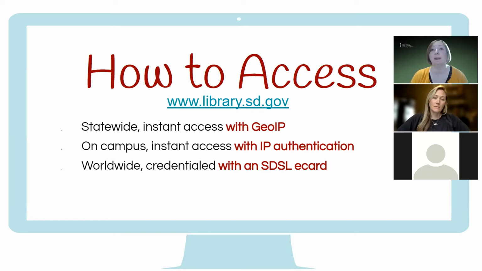You click on the database and you can get in. You might have a problem sometimes if you're near the border of the state. It kind of affects the GeoIP authentication, but just let me know if you have any issues. I'll be glad to help you with that.